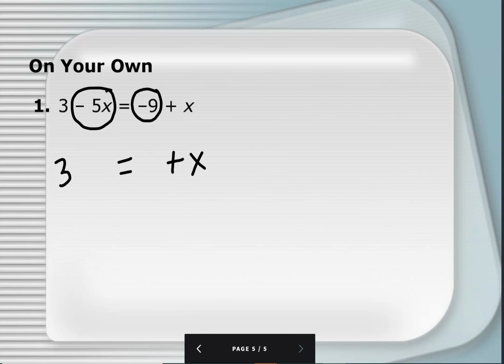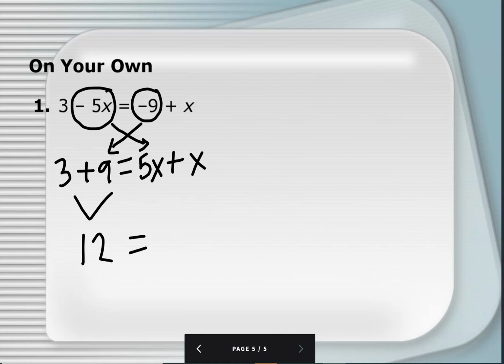All right, again, these two are going to switch places. Again, when they switch places, they become the opposite sign. So that one was a negative 9, now it becomes a positive 9. This one's a negative 5, now it becomes a positive 5. All right, so 3 plus 9 is a 12.